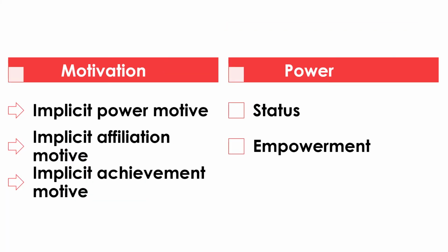As you read literature of motivation, you find 3 motivating forces: the implicit power motive, which is people's unconscious desire for power; the implicit affiliation motive, which is people's non-conscious concern for establishing, maintaining, and restoring close personal relationships with others. And the third motivating force is the implicit achievement motive. So you add these 3 constructs to your list. By the way, there are many other theories on motivation.